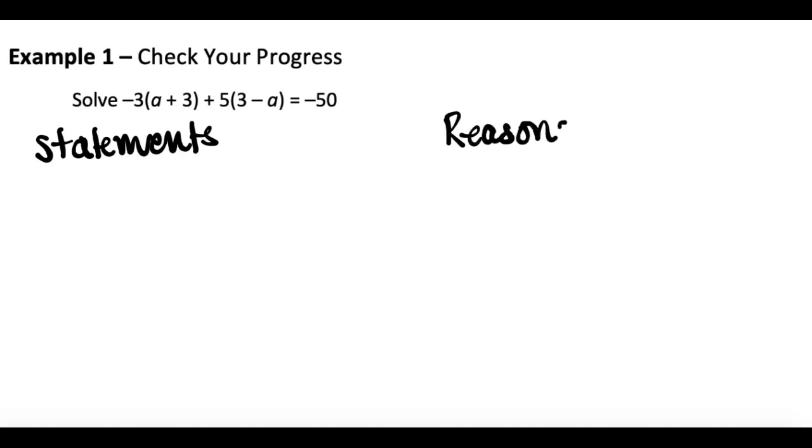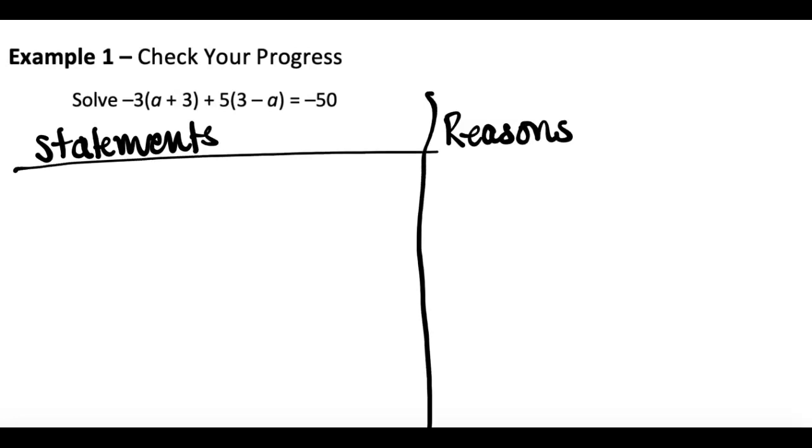Okay, so the first thing, and again, this is your first time going through this, so we write statements. Over here we're going to write reasons, and we're going to start by always number 1 is going to be given. So we'll start with our sentence.